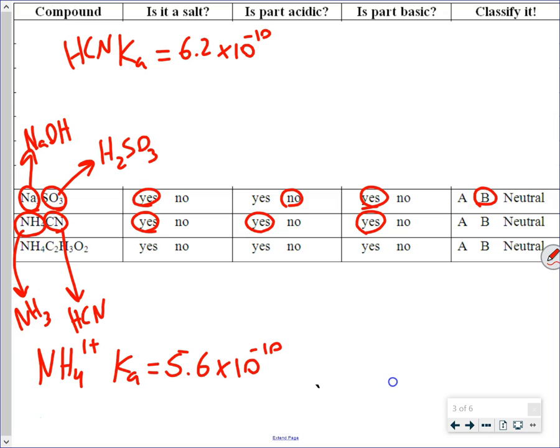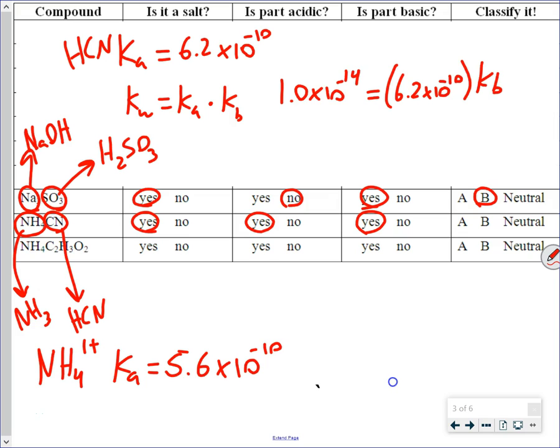I can use the equation in our equation sheet that says that Kw equals Ka times Kb. Kw is a constant, 1.0 times 10 to the negative 14. Ka is what we looked up.